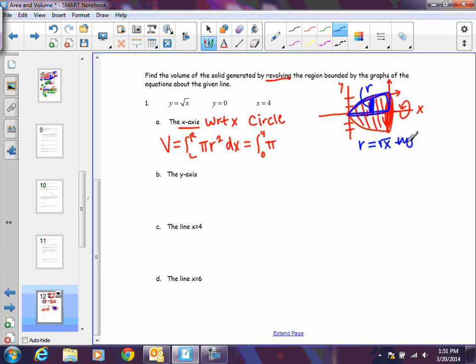And so we don't really need the minus 0 part, right? And the nice thing about the axis is it's always 0, that second part. So we're going to have square root of x squared right there, and then dx. Now, do you think you could do this one by hand? Yeah, pull the pi out, square root of x squared is just x. Could you integrate x?